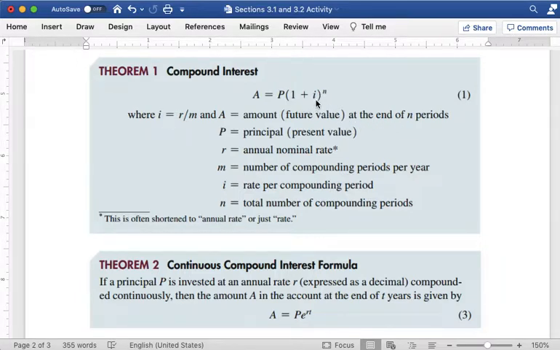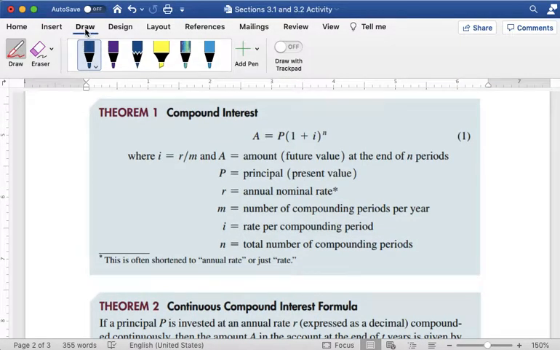So what they're doing is they're using I here to equal R over M. Remember, R is interest rate and M is how many times interest is compounded per year. So they're just replacing the R over M with this I. And then the other difference is that the N here is the total number of compounding periods.